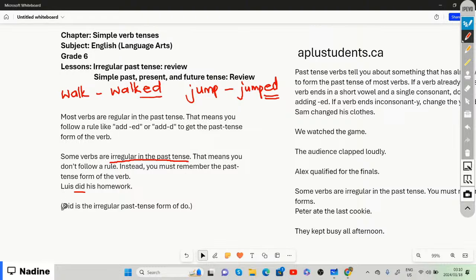So the word did is the irregular past tense form of do. Can you see how the word changed from do, which is in the present tense, to did in the past tense? So we didn't just add ed or just add a d to show the specific tense.